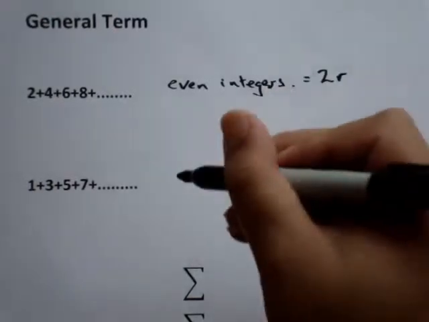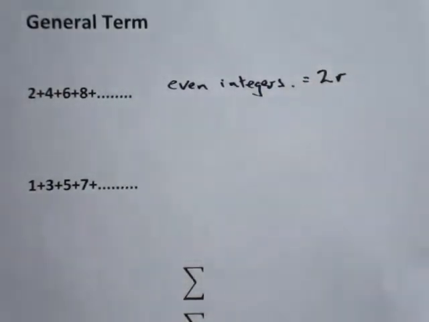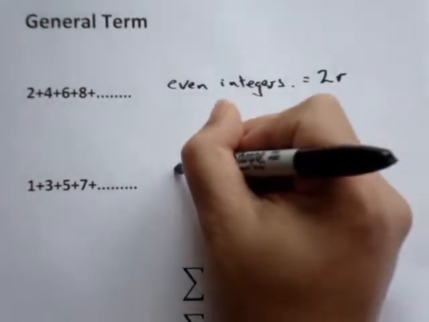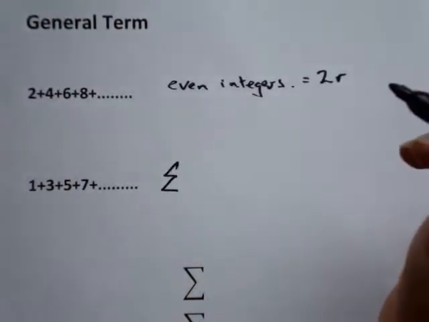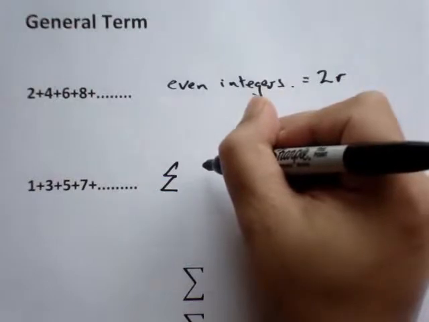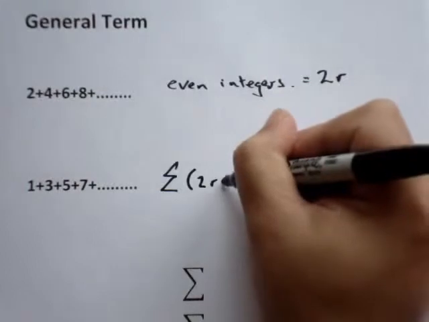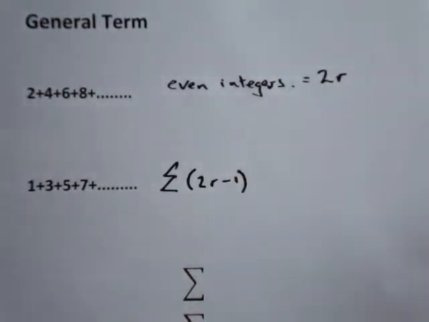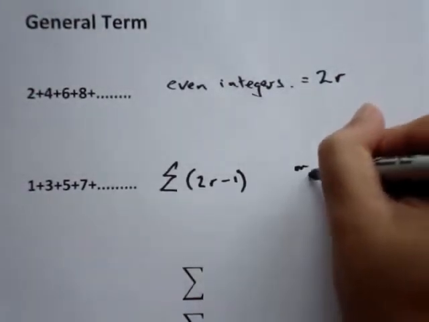So the odd integers, 1 plus 3 plus 5 plus 7, where the sum is represented by sigma, can be written as 2r minus 1, or sometimes 2r plus 1.